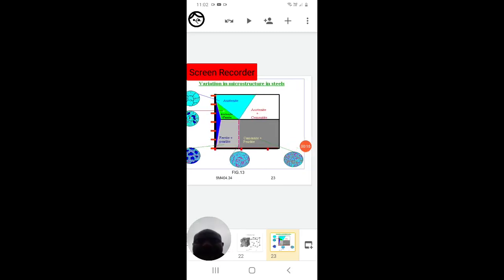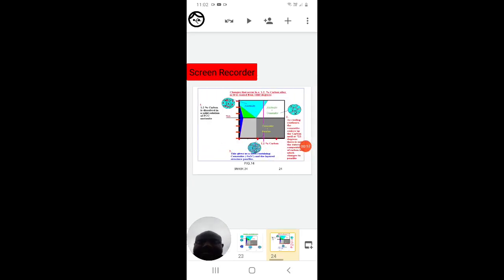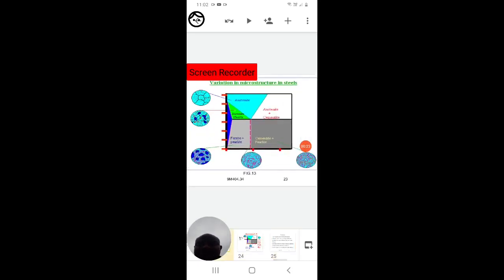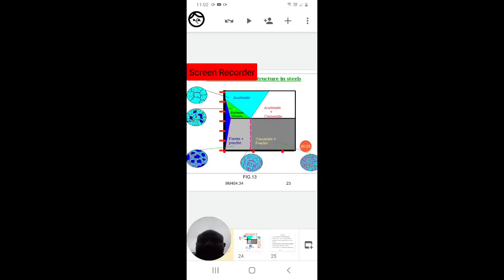By alloying carbon content, by the help of interstitial solid solution alloying, different types of structures occur. Carbon percentage up to 2% is called steel.